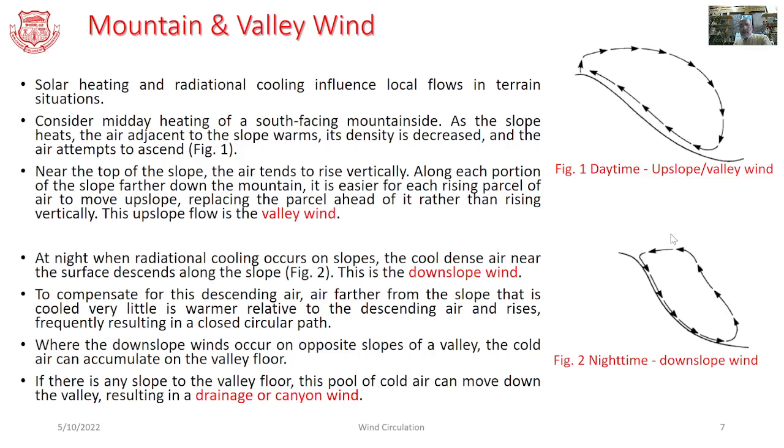Thus it forms a sort of closed loop in the reverse manner, which was caused during the hot period of the day. When the downslope winds occur on opposite slopes of the valley, the cold air gets accumulated within that valley region.